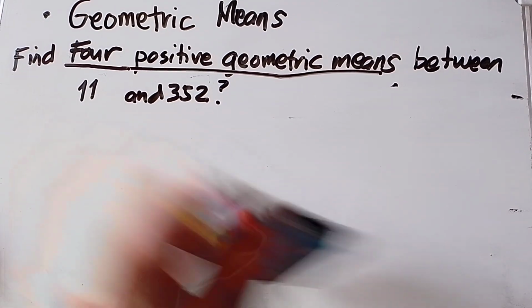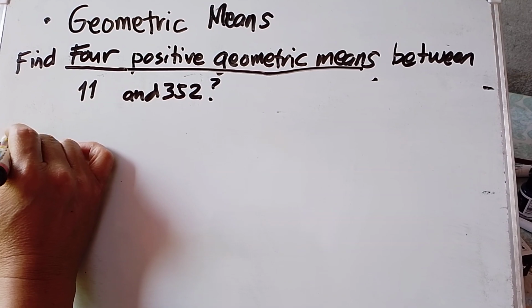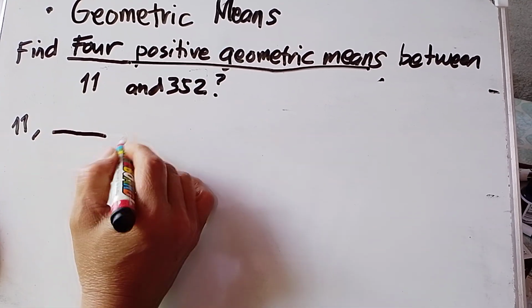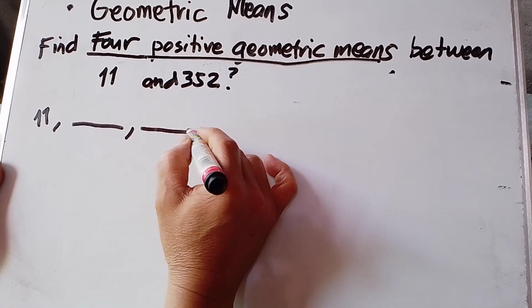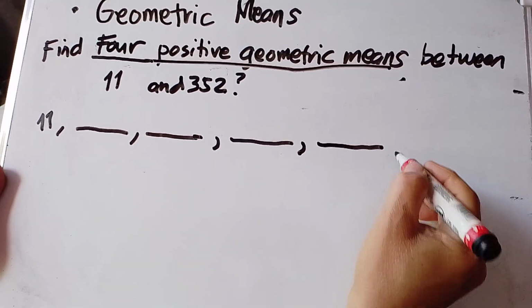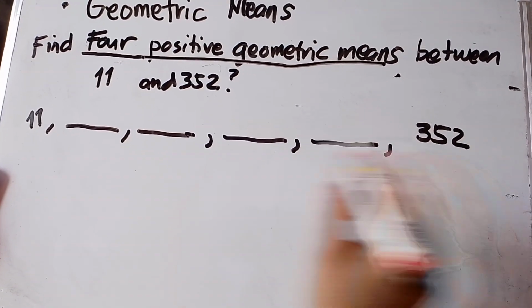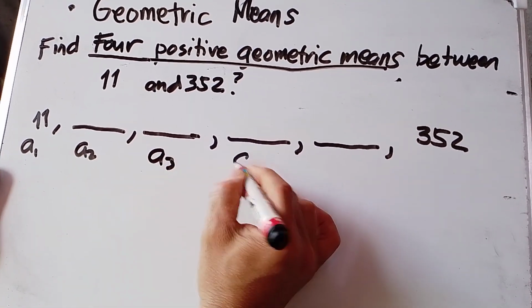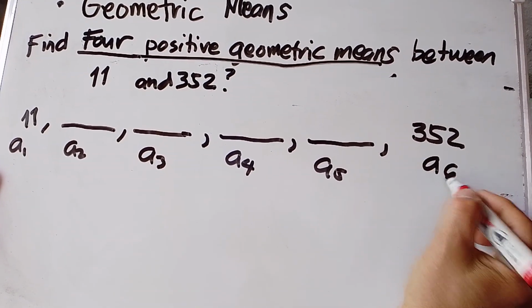The same, I need to write the first term, which is 11. Then I need 4 positive geometric terms, 3, 4, and then 352. So this will be A1, A2, A3, A4, A5, and this will be A6.